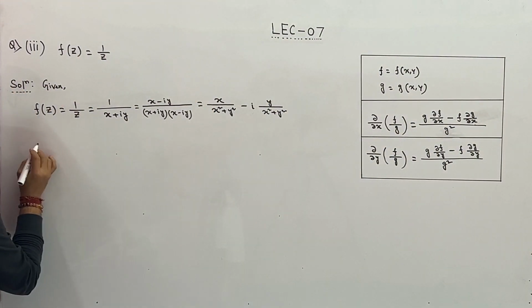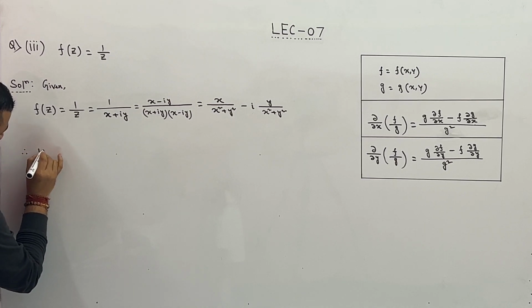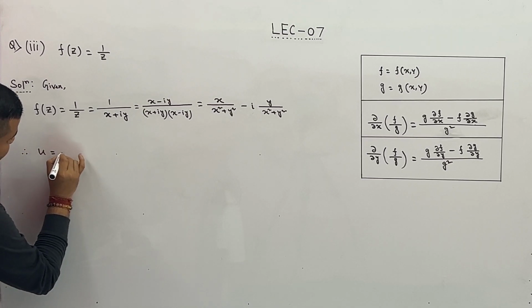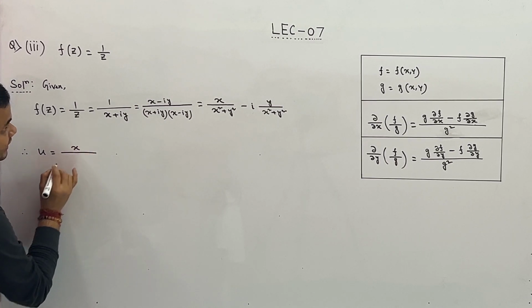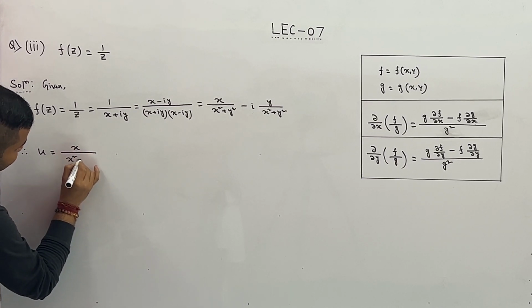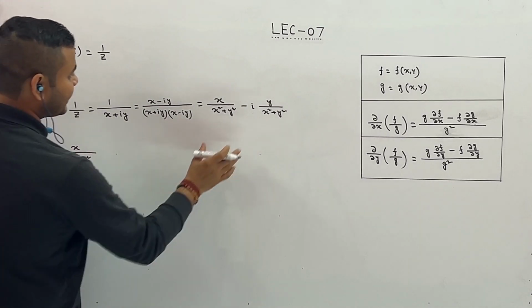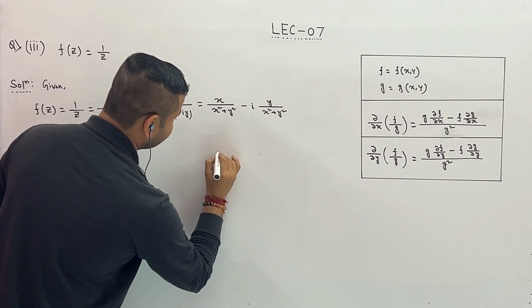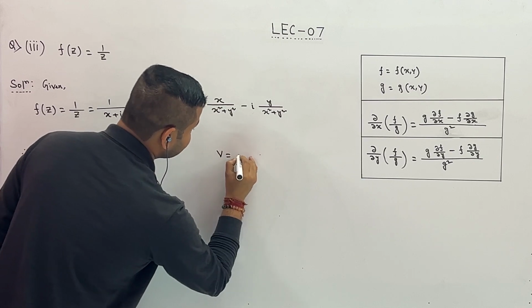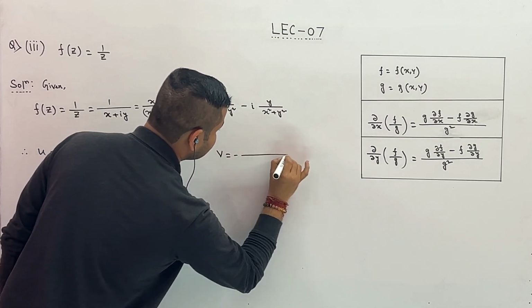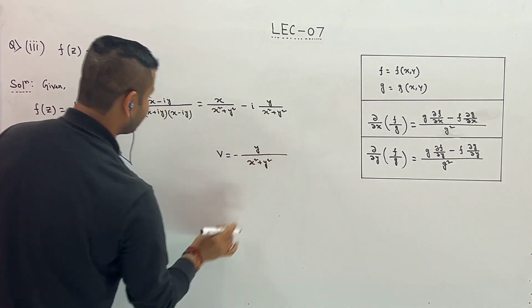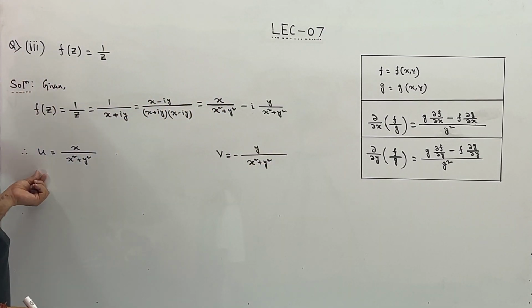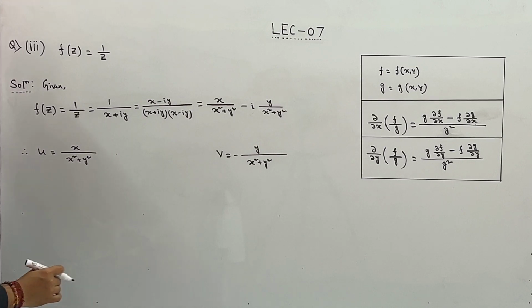Therefore, u is equal to x divided by x square plus y square, and the imaginary part v is equal to minus y divided by x square plus y square. Now, let us calculate del u by del x and del u by del y.